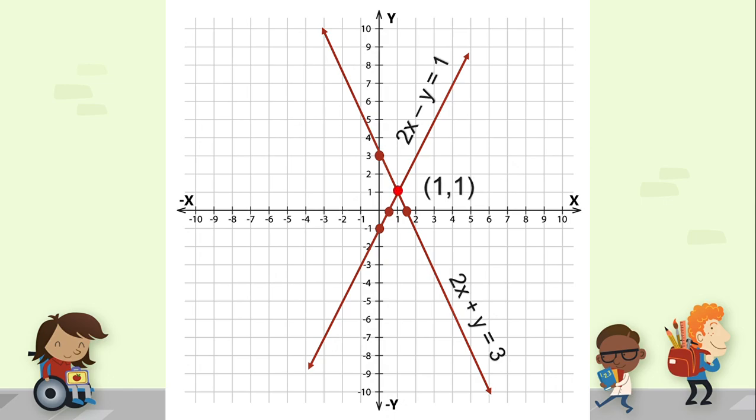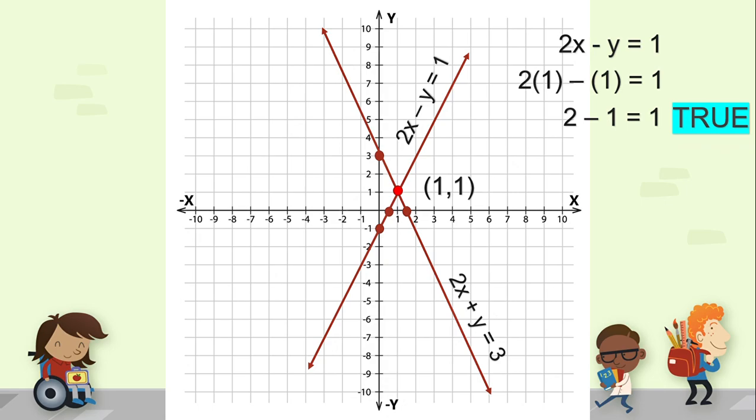Whether that point satisfies both equations can be verified easily. 2x minus y is equal to 2 times 1, the value of x, minus 1, the value of y in our ordered pair, which is equal to 1. So 2 times 1 is 2, and then minus 1 is equal to 1. It tells us that our equation is true.